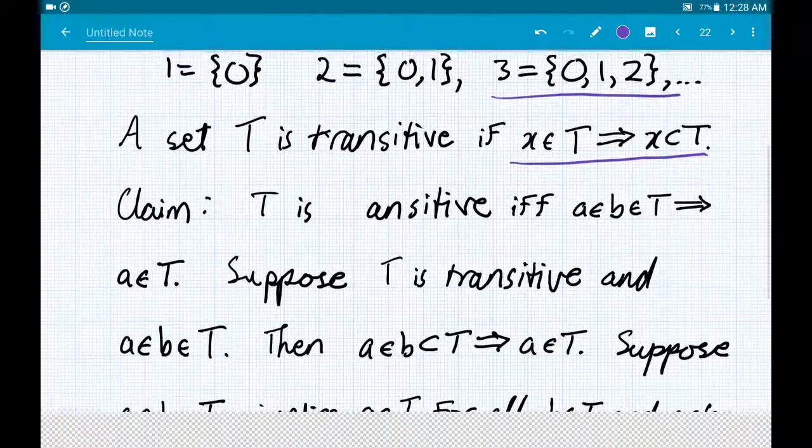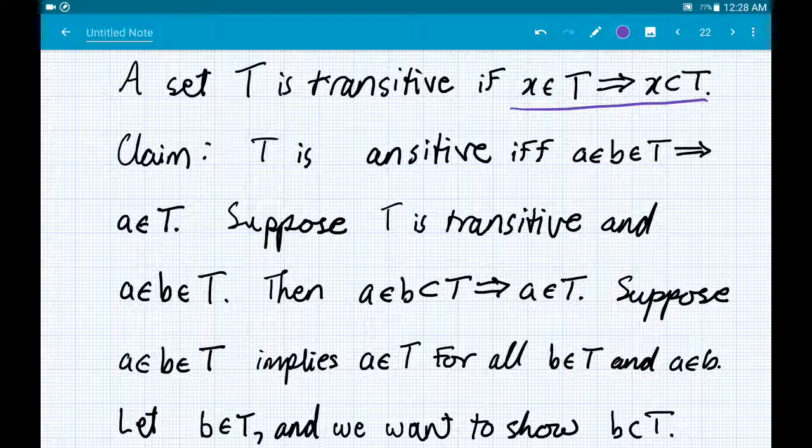This transitive property, in fact, describes at least some of the things that we have already seen here. Now, nothing about it looks very transitive, so I would like to make the following claim to help sort of build up our notion of what a transitive set is.